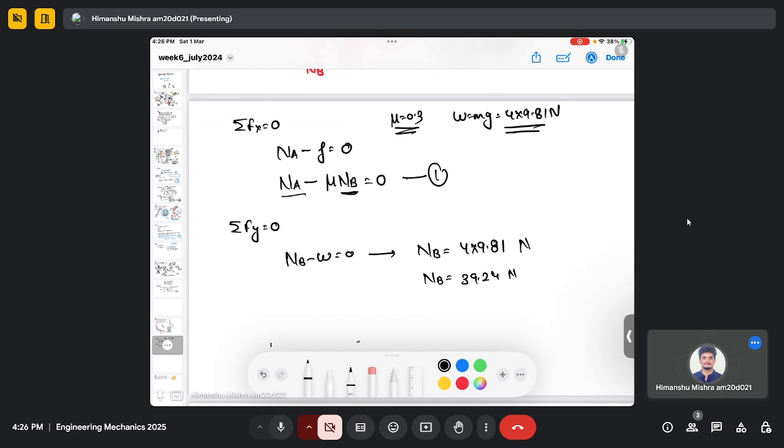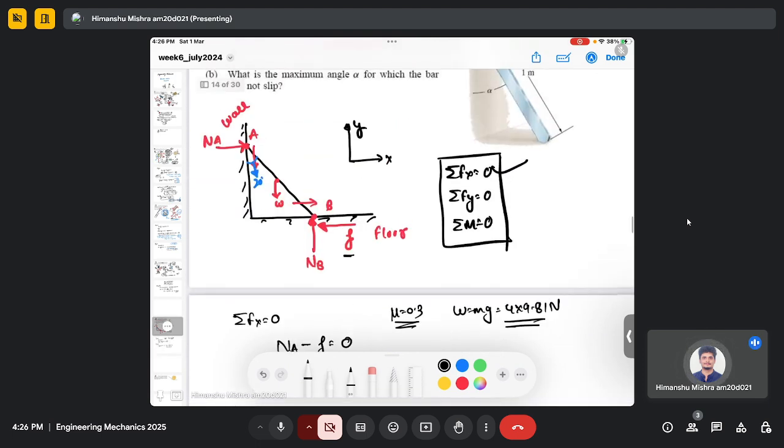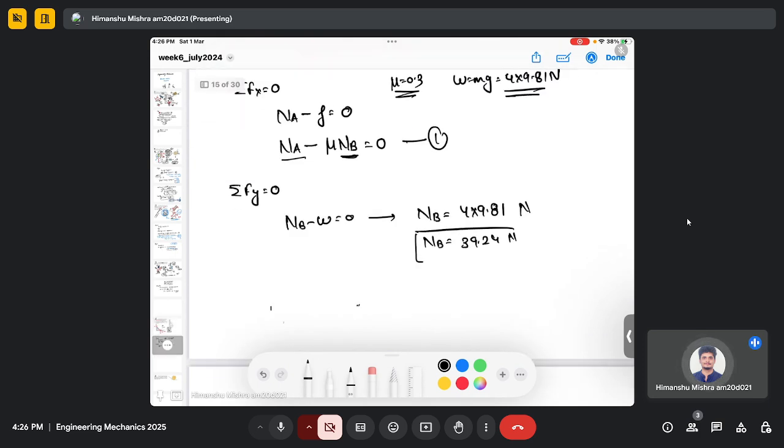So now I have Nb here, but we need to find the friction force F. We can directly solve by using the friction force relation, which is mu Nb.